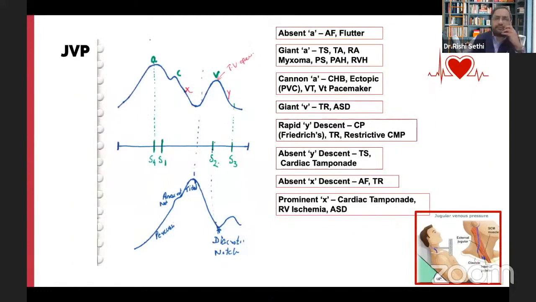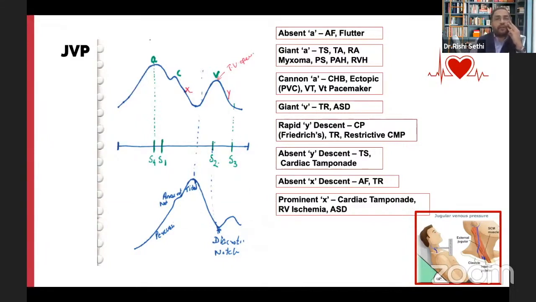So coming to the different waves of JVP, there are essentially three positive waves, A, C, and V, and there are two descents, the X descent and the Y descent. The corresponding findings in heart sounds and pulse, this is from my DM notes. The A wave is always more prominent than the V wave in normal conditions.